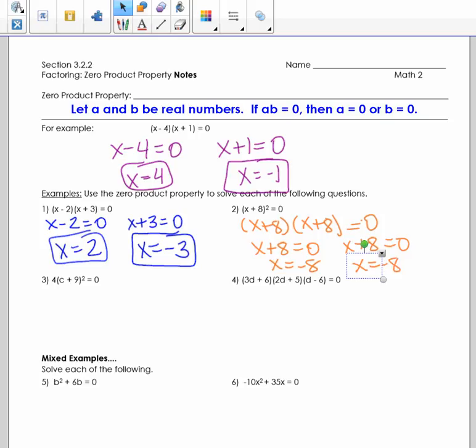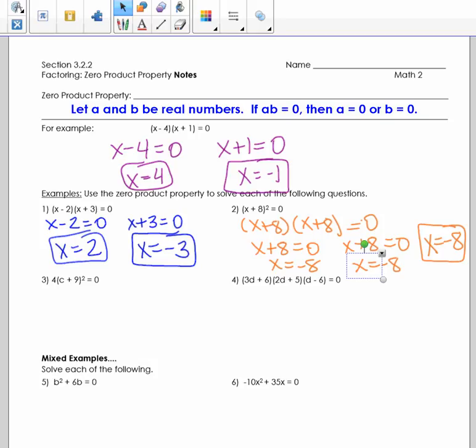Essentially that means you have one answer of negative 8. Number 1 would be a graph that has x-intercepts at 2 and negative 3. Here, your two x-intercepts are the same, which means your vertex is the x-intercept at negative 8.